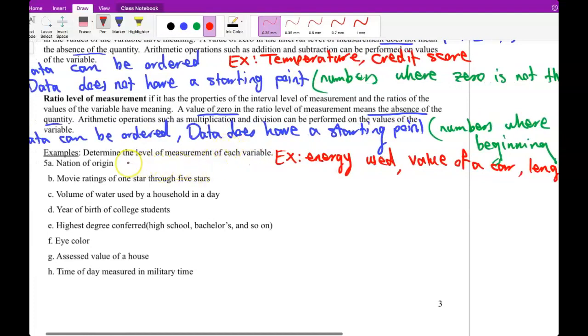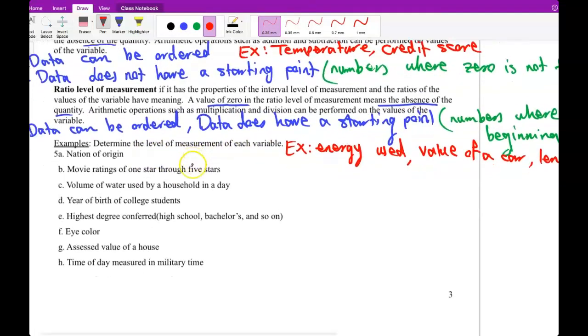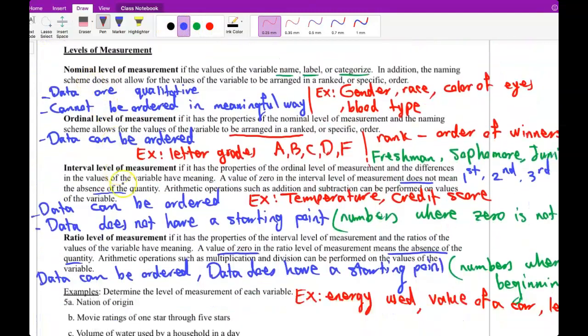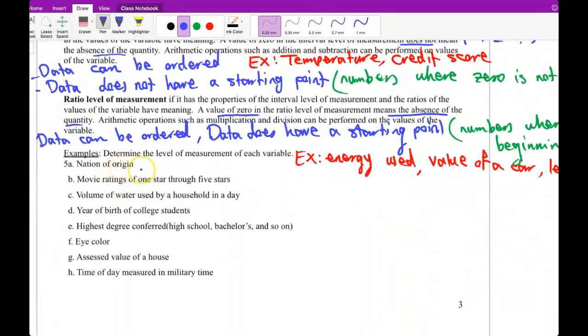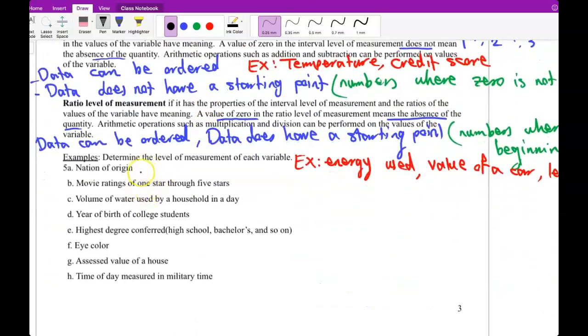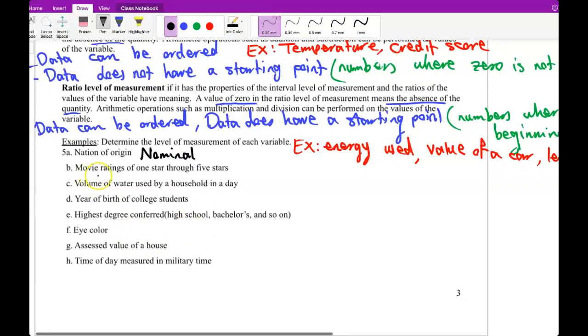Now example 5, determine the level of measurement of each variable. The first one is nation of origin. This cannot be ordered. This is nominal. We have names, so this is nominal. Movie rating of 1 star through 5 stars.